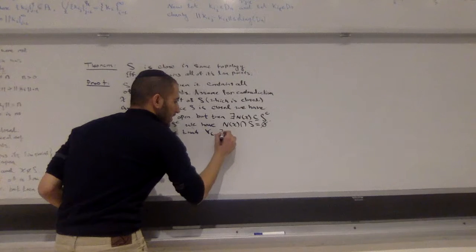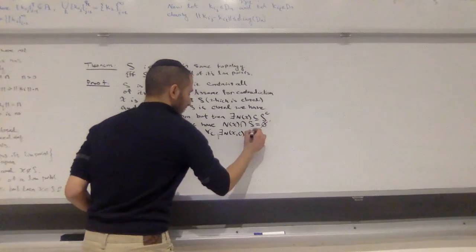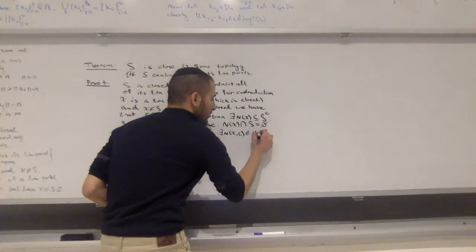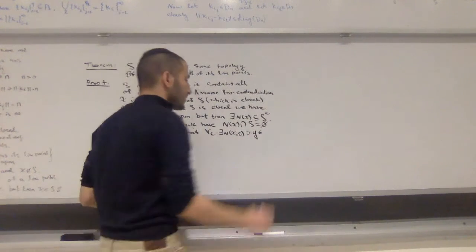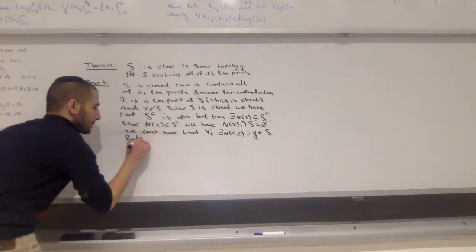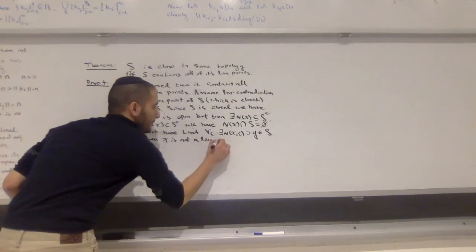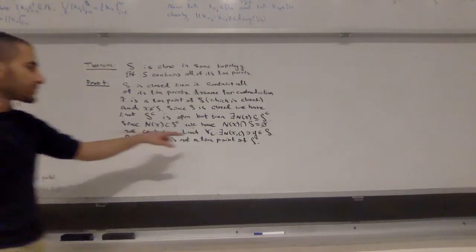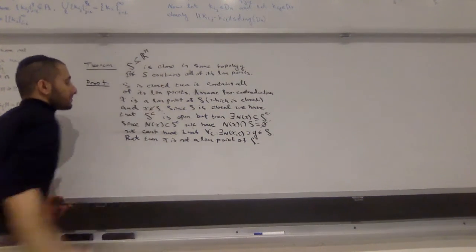There exists a neighborhood of X of size epsilon, which contains Y, which is an element of S. But then X is not a limit point of S. So in fact, I did use a ball of radius epsilon and so forth, so maybe this S does have to be a subset of Rn. Okay.